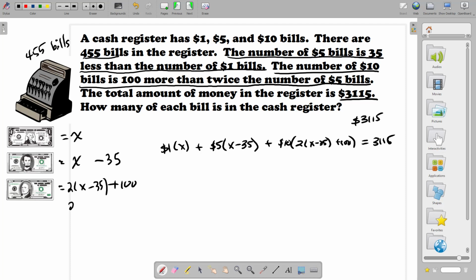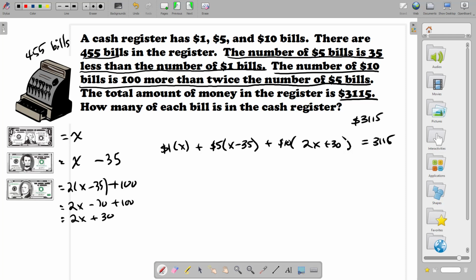Okay, I'm going to clean this up a little bit. 2 times x is 2x. 2 times negative 35 is negative 70. And so this is really 2x plus 30. So I'm going to go back here and say that this is 2x plus 30.